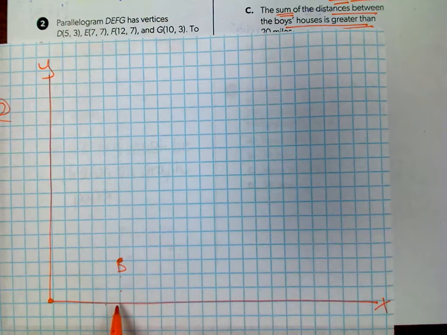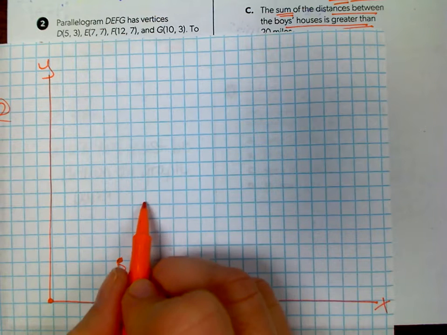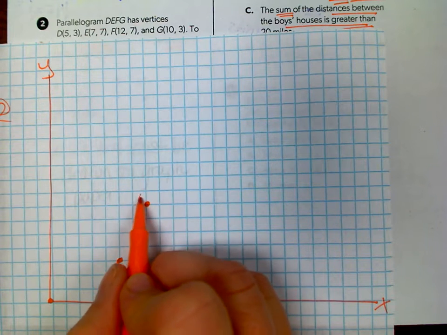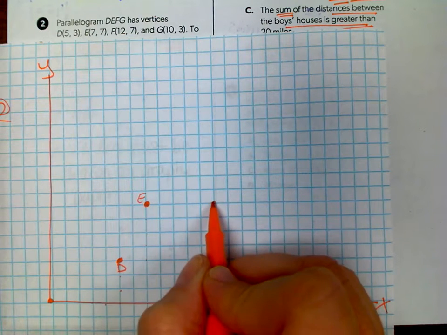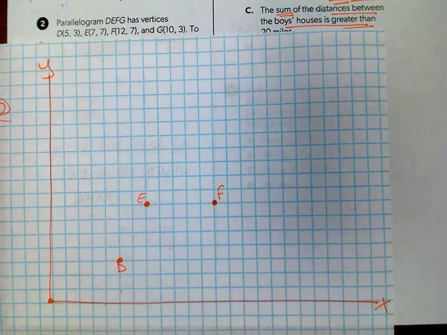7, 7, well, there's 5, 6, 7. 1, 2, 3, 4, 5, 6, 7. That is E. F is 12, so 7, 8, 9, 10, 11, 12. And 7 will be even with E. F. G is 10, 3.